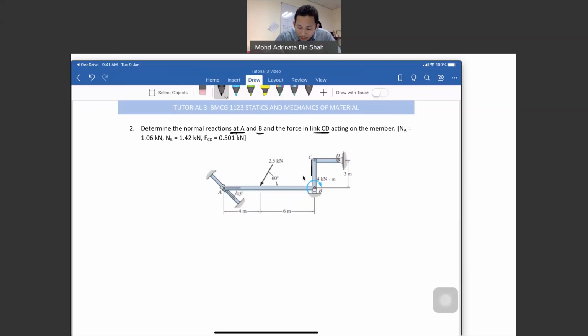This is one body. So this is our body that we want to look at.